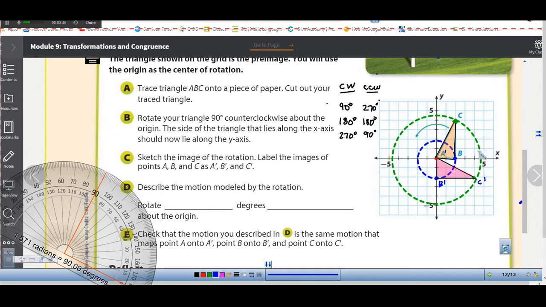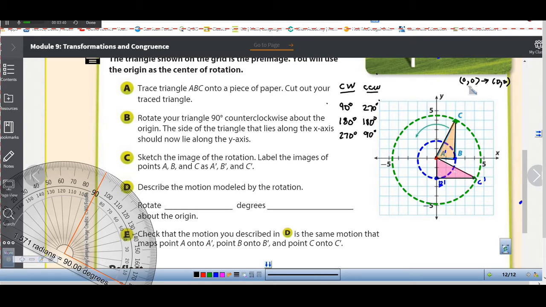All right, so now let's take a look at these points that we have and see if we can figure out what happened here. We started off with 0, 0, and 0, 0 did not change, right? So I'm going to write up here 0, 0 went to 0, 0.